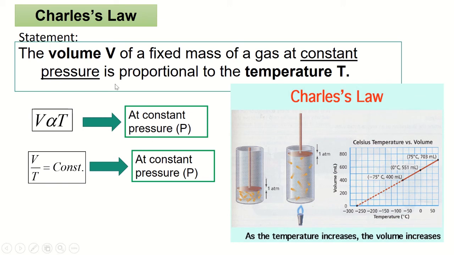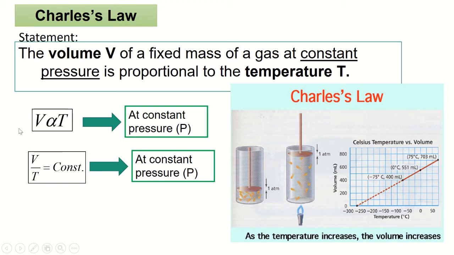So what does this statement say? The volume V of a fixed mass of a gas at constant pressure is proportional to the temperature T. So according to the statement, the temperature and the volume are proportional.